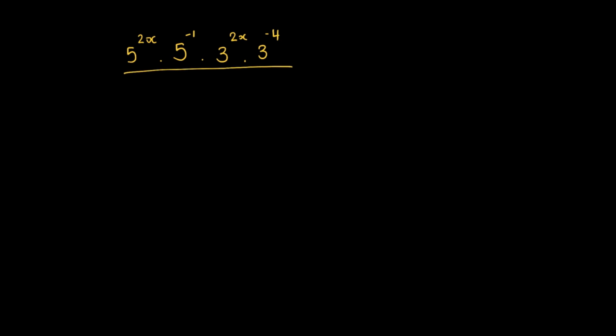All of this divided by 15 to the power 2x multiplied by 15 to the power negative 3. Now we know that our algebraic rule says if I have some number x to the power of negative something, that is equal to 1 over x to the power of that number, whatever that number is. So we can do the same in this case.